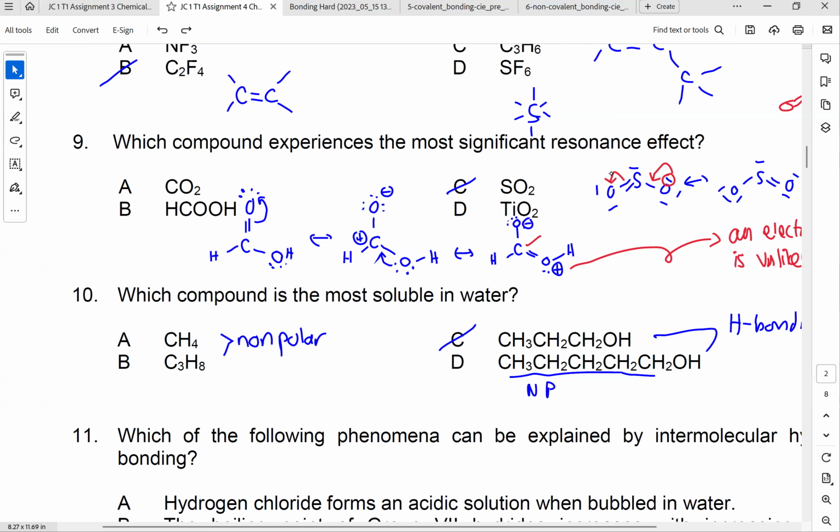But it will result in a positive oxygen. Oxygen is an electronegative atom, so it's not likely to have a positive partial charge. That's why this resonance is less possible than SO2.